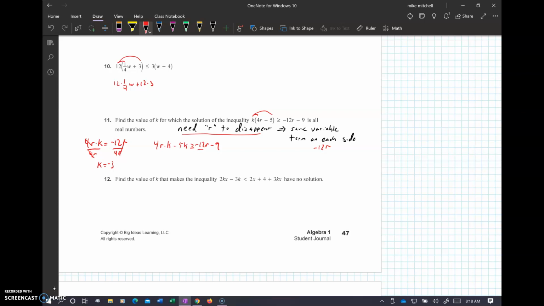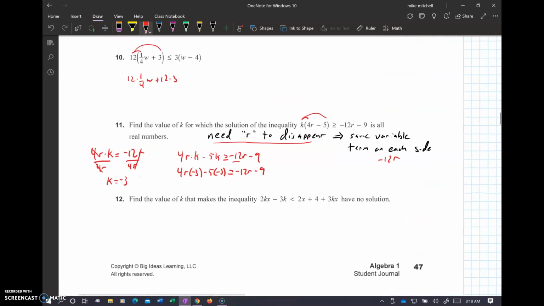If I put that in there, let's see what happens. 4r times negative 3 minus 5 times negative 3 is greater than or equal to negative 12r minus 9. Sorry, that 12 doesn't look real good there. Let's make this a little bigger.